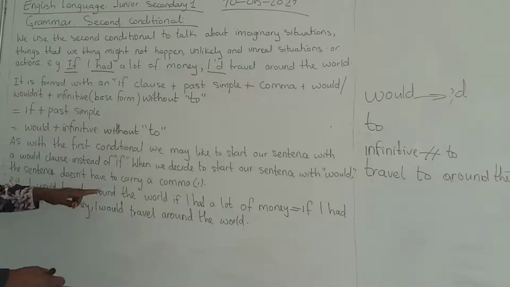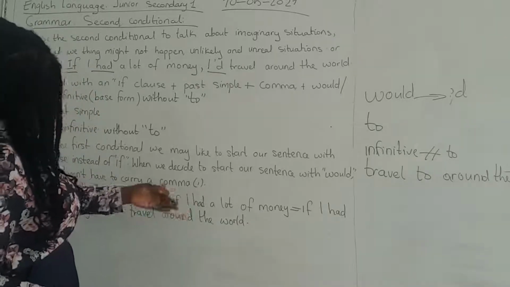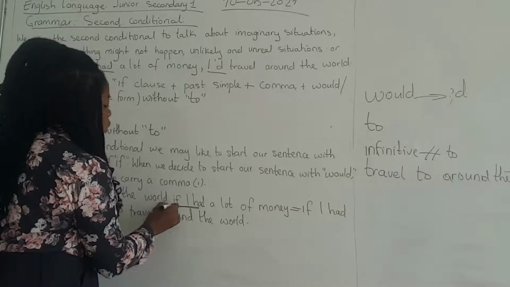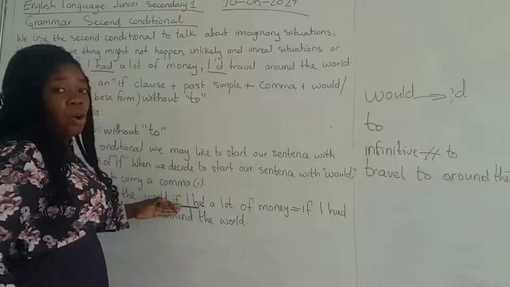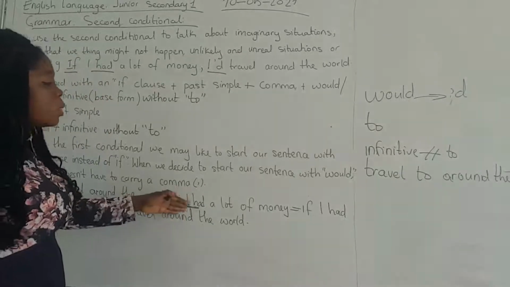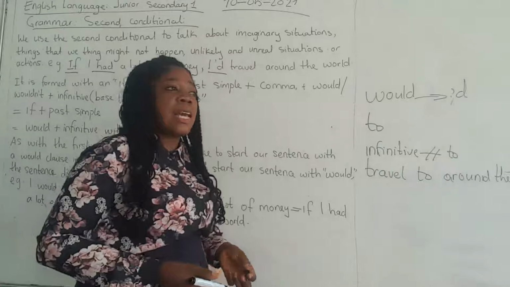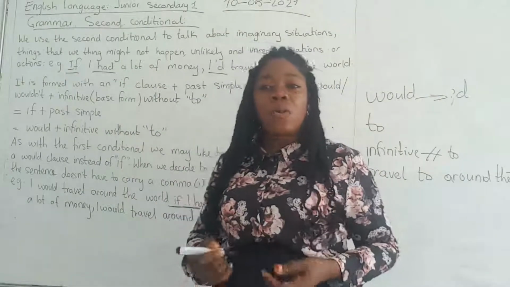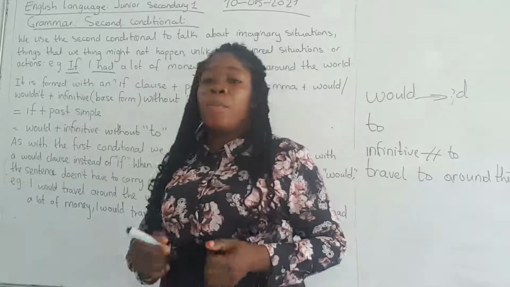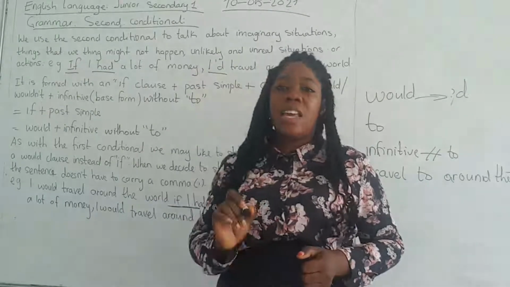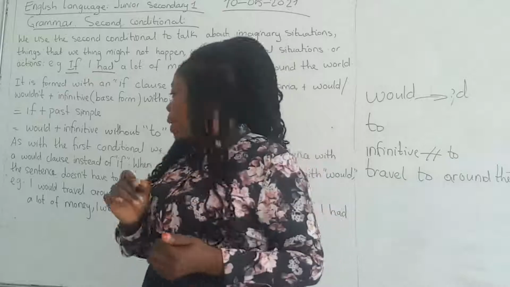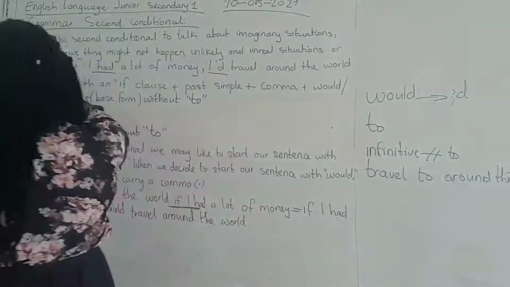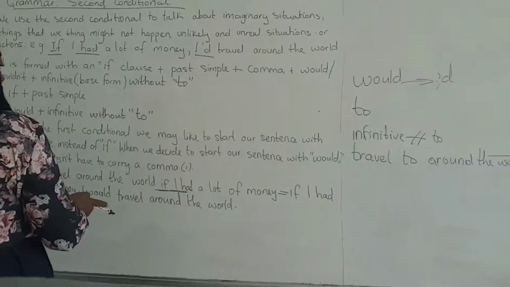You see that this sentence is joined with if, and there is no comma there. But when you start a sentence with if, you must add a comma there, as we've added in the first sentence that we had here.